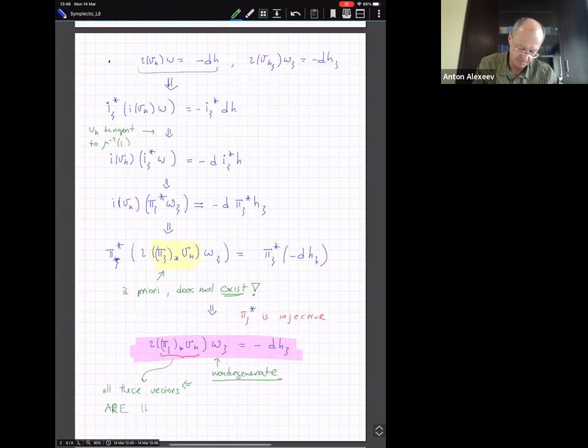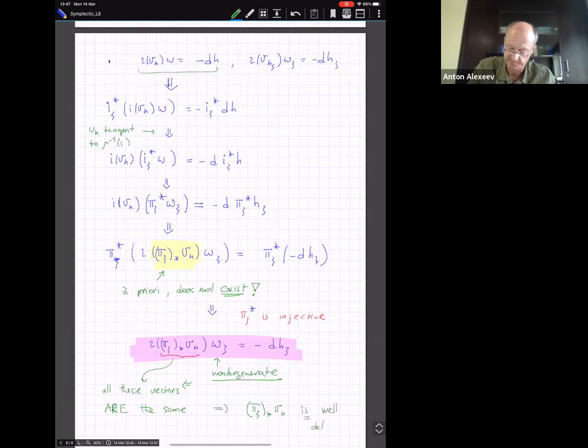So they are the same, and this means that pi psi star VH is well defined. In the beginning we don't know whether it exists, maybe not. But now we know.